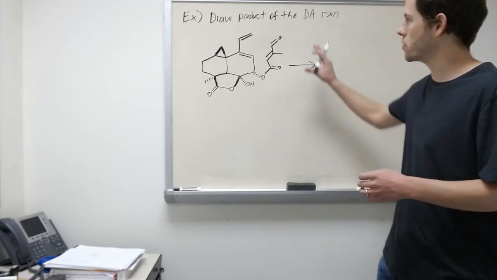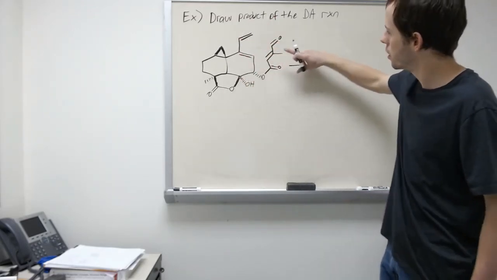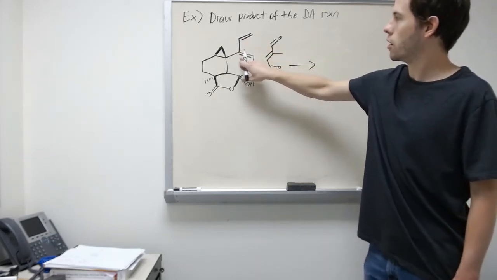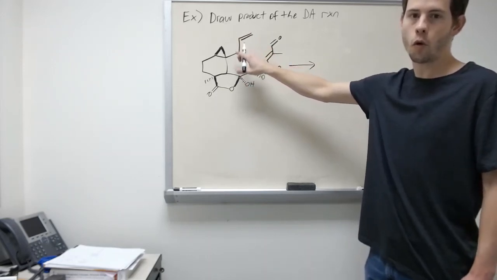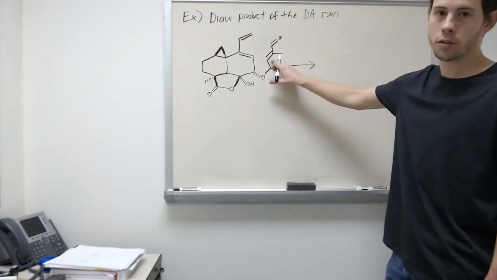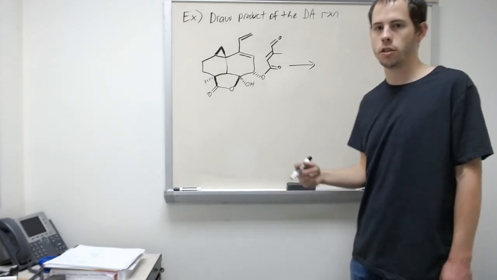So if we look around this molecule, we see that we have an alkene here, and an alkene here. These alkenes are next to each other, and so this will be our diene, have our 4 pi electrons. This will be our dienophile, and so it has the 2 pi electrons. Remember, the Diels-Alder is a 4 plus 2 cycloaddition.